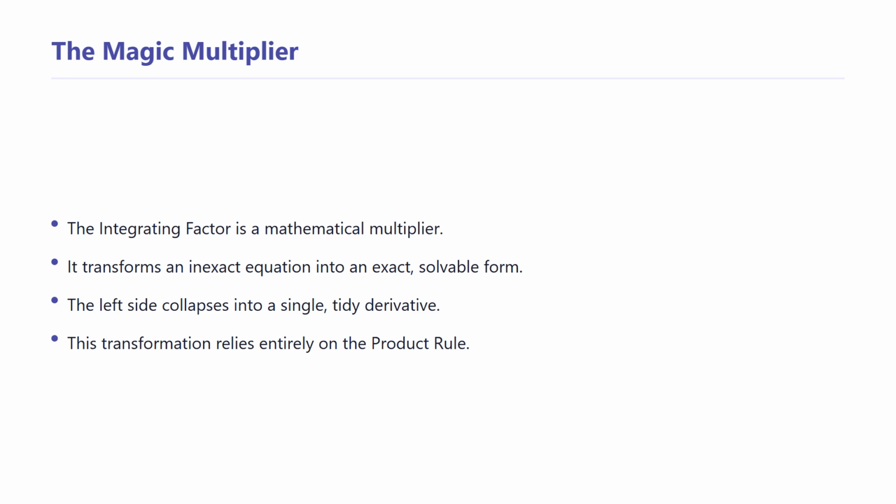When you apply it to the entire stubborn equation, it instantly transforms it into a perfect, easily solvable form. By simply multiplying everything by this specific function, the messy left side of our equation collapses into a neat, tidy derivative. This clever trick relies on the product rule from calculus, turning an impossible integration into a straightforward one.